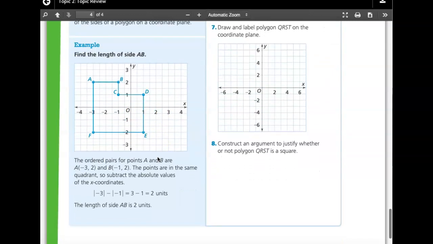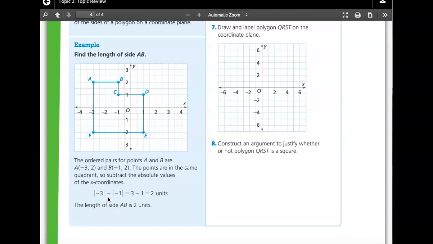And they already started to find the distance between A and B. We know that A and B are in the same horizontal distance, right? And they are in the same quadrant, so we subtract the absolute value of their x coordinates.